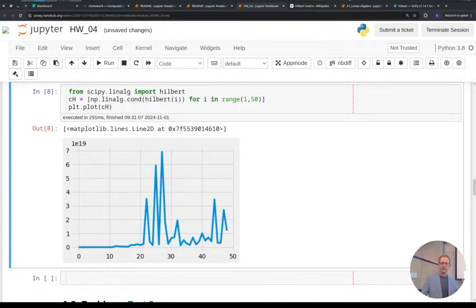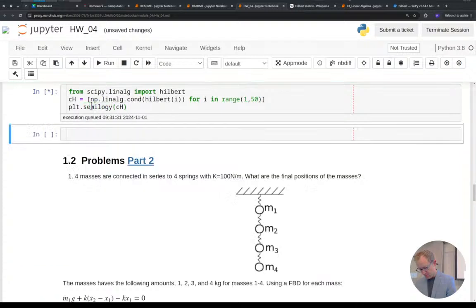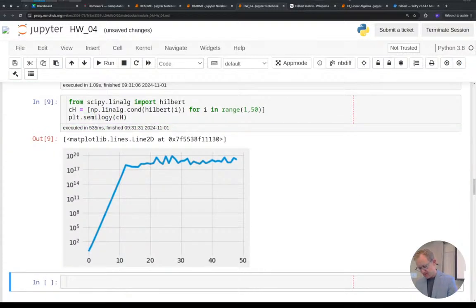If we go from 1 to 49, as the matrix keeps getting bigger, compare the condition number as it keeps getting bigger. That doesn't make a lot of sense on a linear axis, so we'll do a semi-log y, and we start to see it shoots up to 10 to the 17, then at some point it just sort of fizzles out.